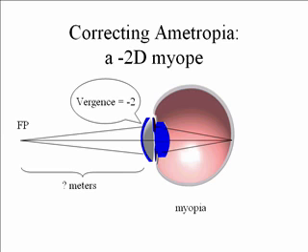A vergence of -2 striking the cornea can also be achieved without spectacles by looking at an object that is a certain number of meters from the patient's eye. Now, you'll recall from our discussion of vergence, -2 always and forever means the same thing. It means that the rays of light converge. 2 means half a meter, and minus means to the left.